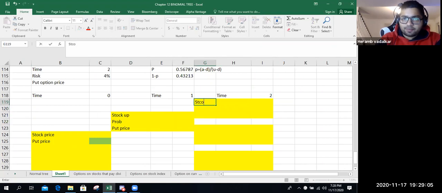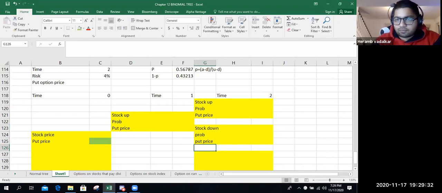So stock up. Probability of going up and put price. It can go down. So stock down. Probability of going down, put price. Okay.